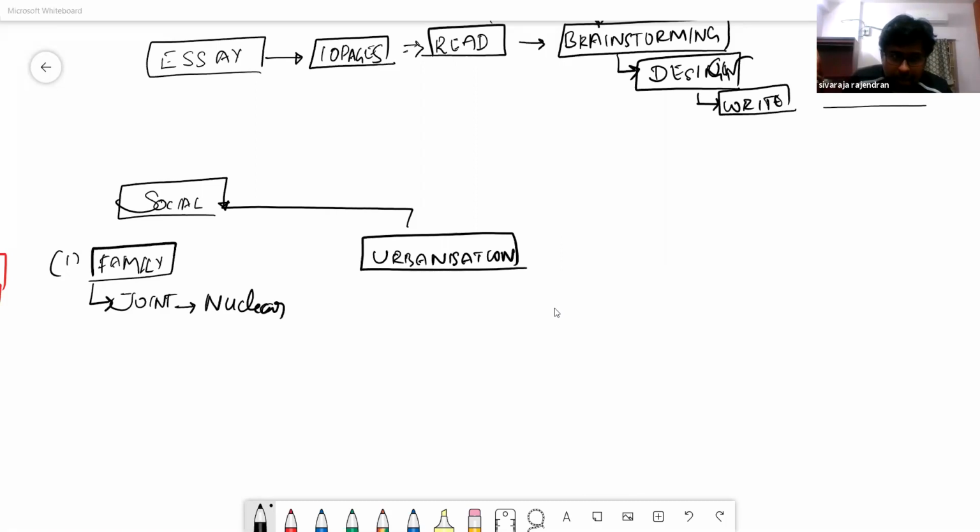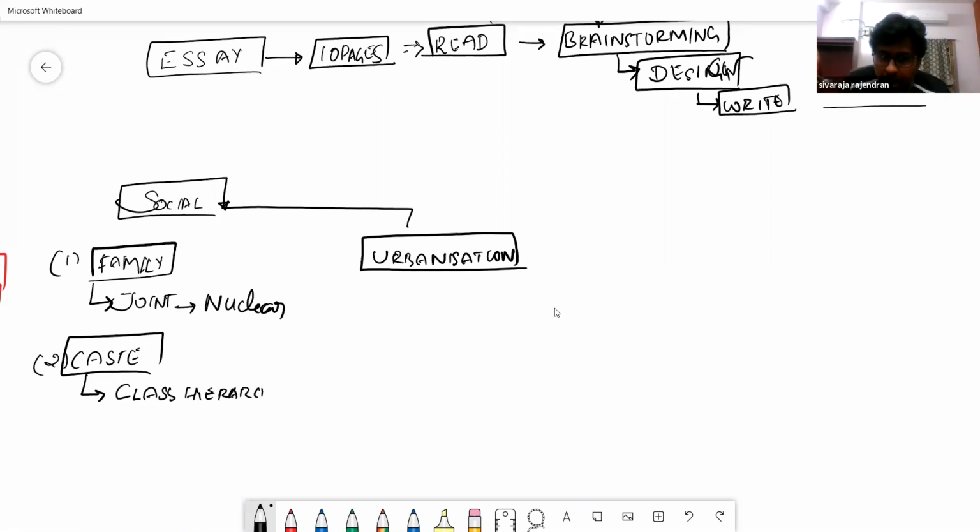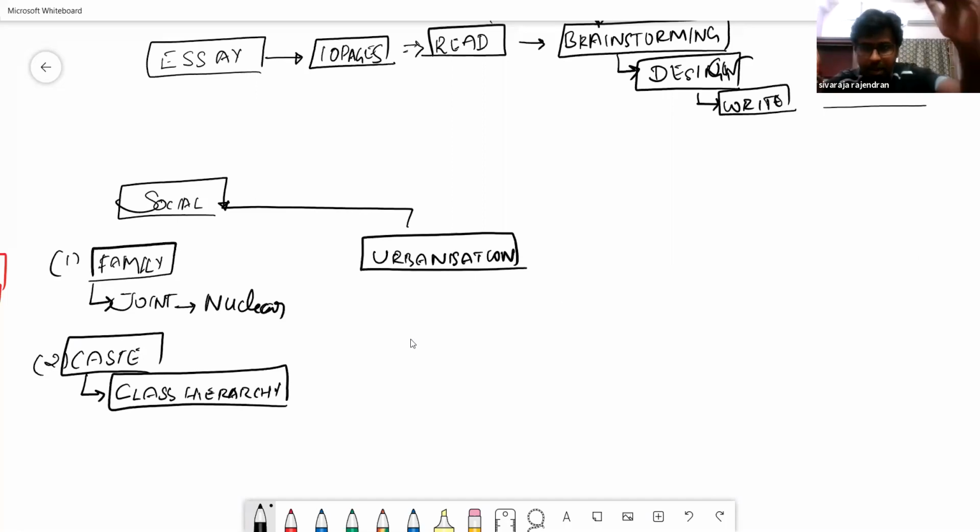So next, the caste. In rural area, caste was a hierarchy. We saw that in rural area, one caste is above, another caste is lesser than that. But now here it becomes a class hierarchy.